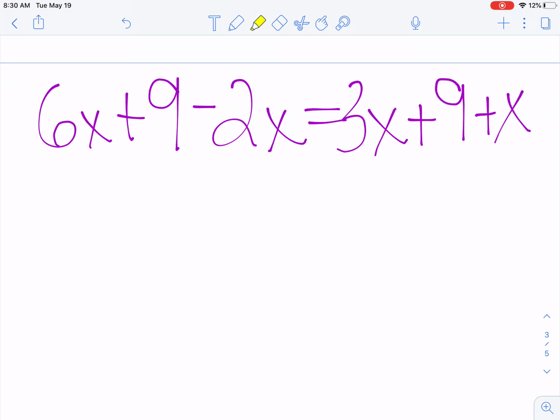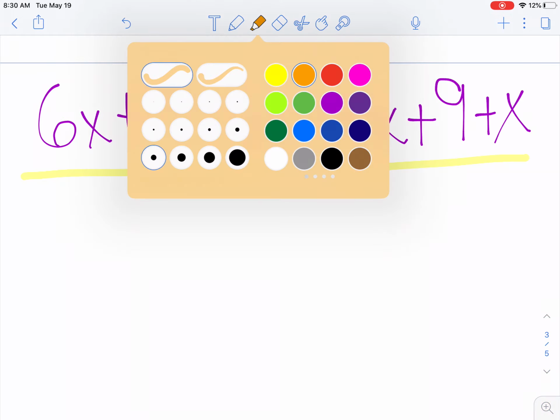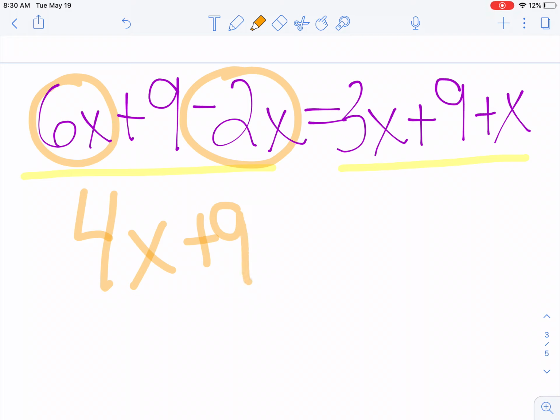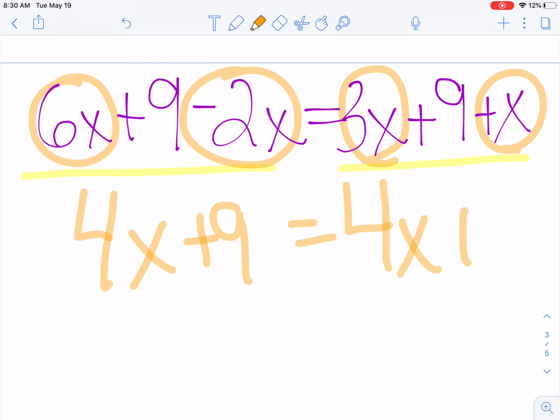All right, so this equation has some simplifying on the right and on the left. So on the left, I can put together the 6x and the negative 2x. That gives me 4x. Then I'm left with plus 9. And on the right side of the equal sign, this 3x and x can be combined to get 4x.